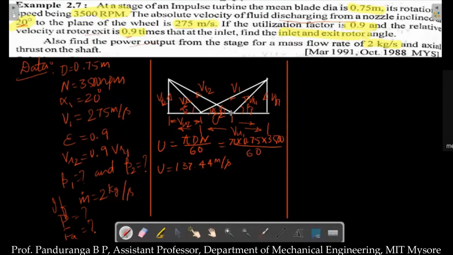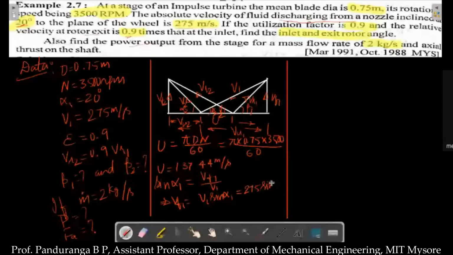So I'll calculate VR1. First, if I take V1, Vu1 and Vf1 in that right angle triangle, then sine of alpha 1 will be equal to Vf1 divided by V1, which implies Vf1 will be equal to V1 sine alpha 1, which is 275 into sine 20.